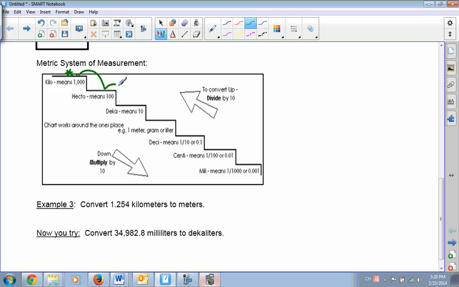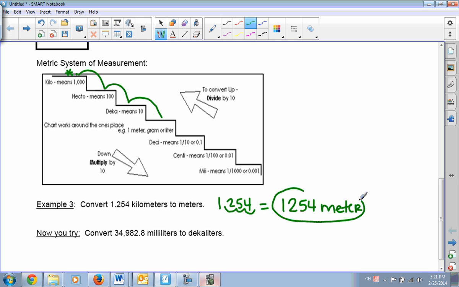That's 1, 2, 3 steps. That's like multiplying by 1,000, which is the same thing as moving the decimal 3 places to the right. So 1.254 kilometers is 1,254 meters. It's that easy. You just move the decimal place.